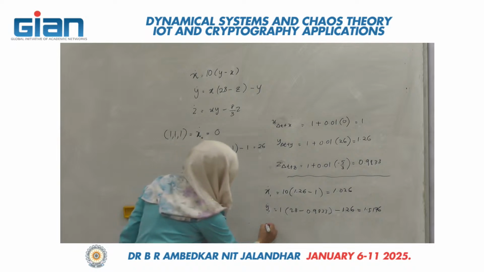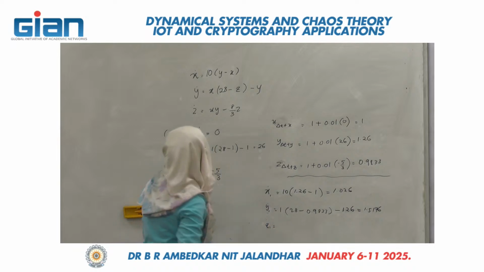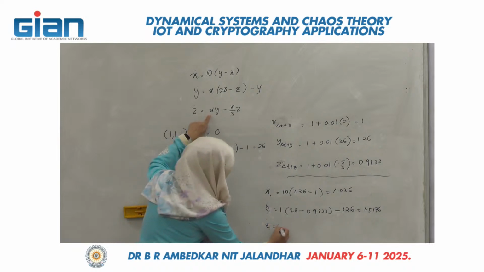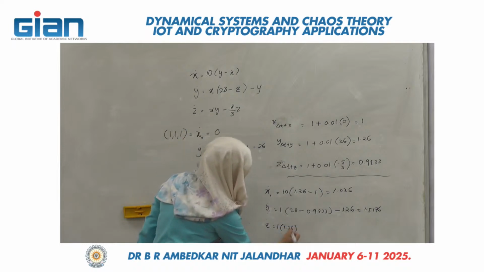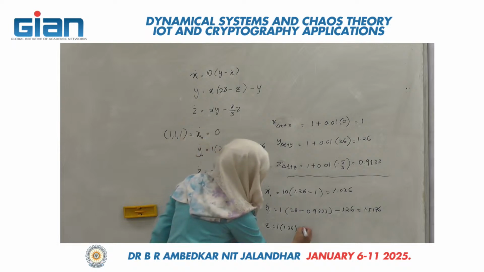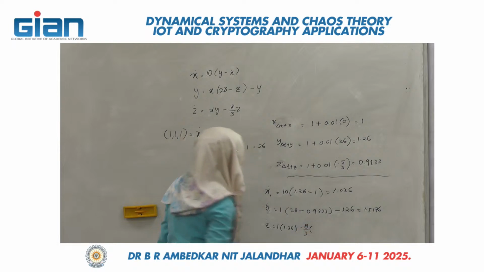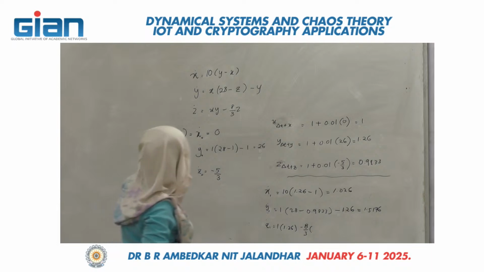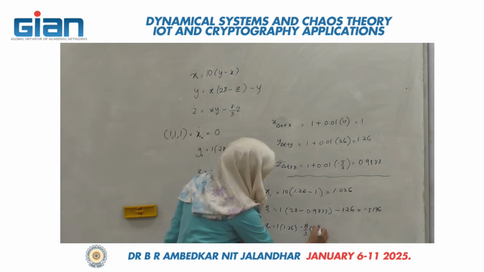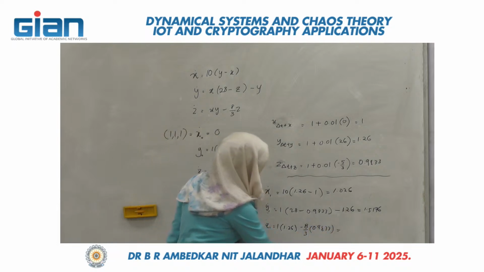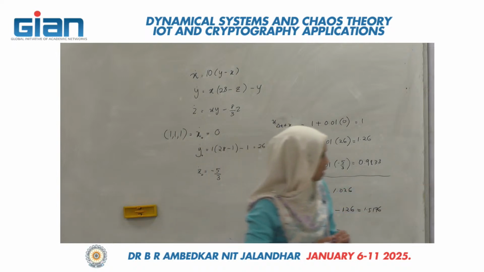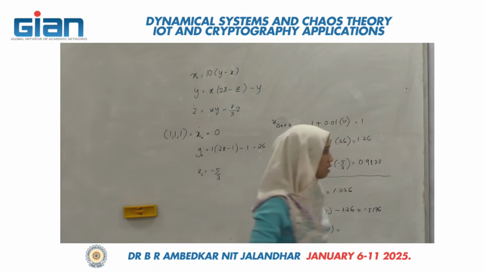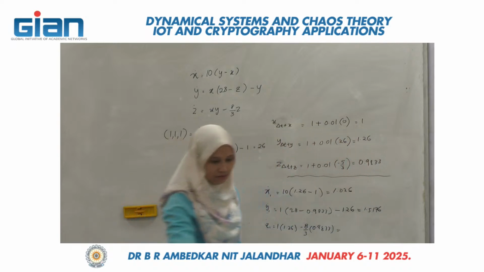And then z dot would be x times y, which is 1.26, minus 8/3 times z, which is 0.9833. So this would be 0.9697.